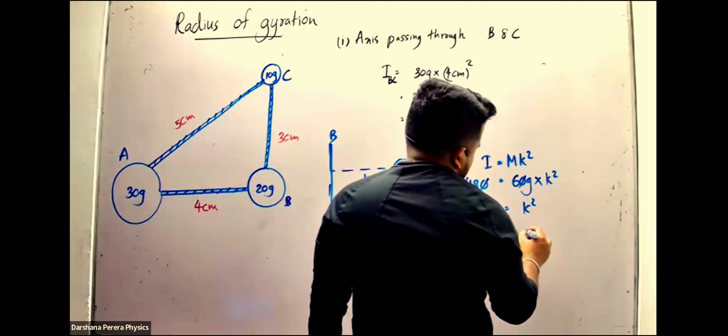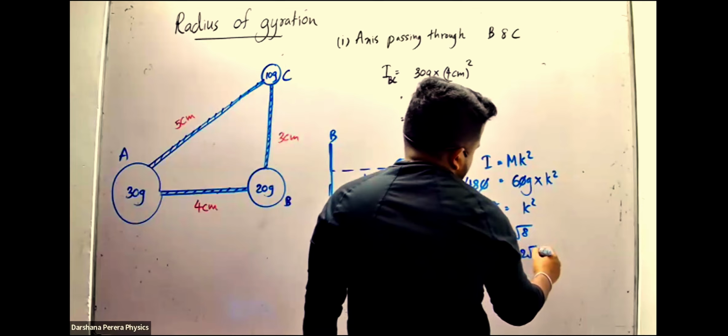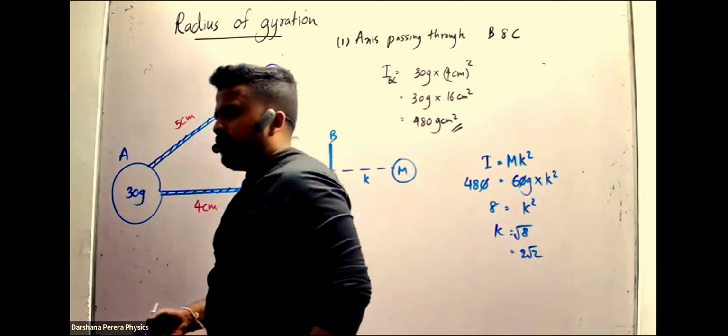K equals root of 8, that means 2 root 2. Why? 4 into 2.